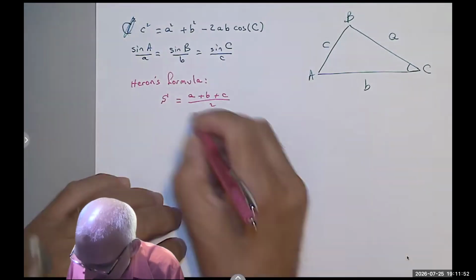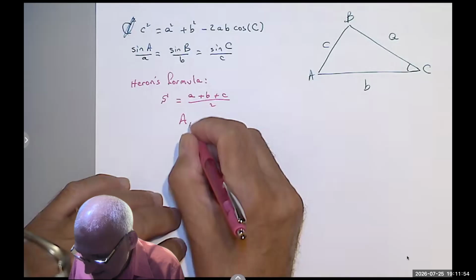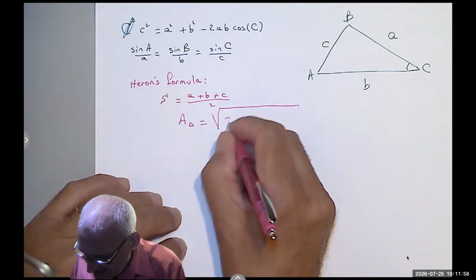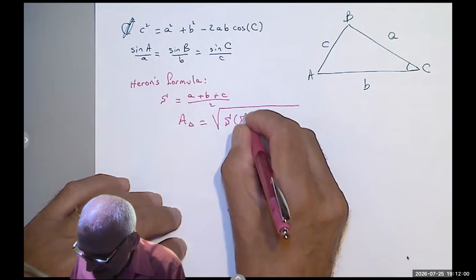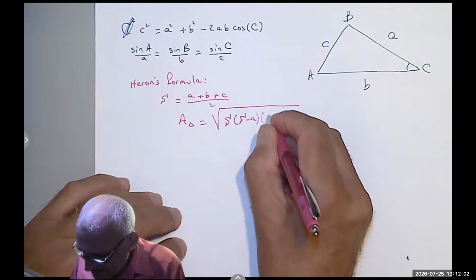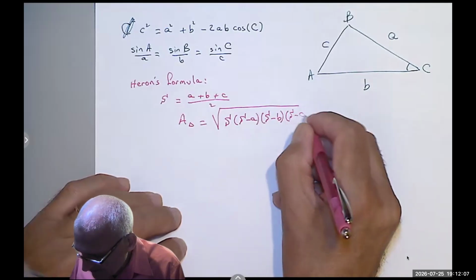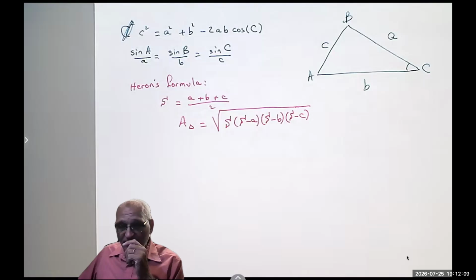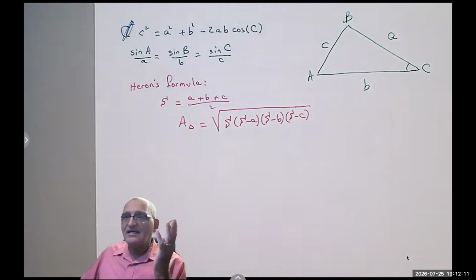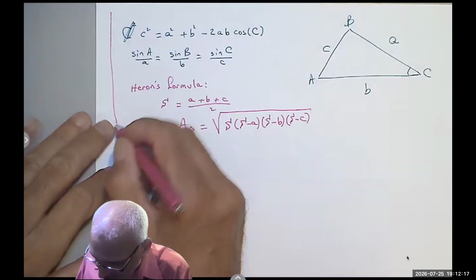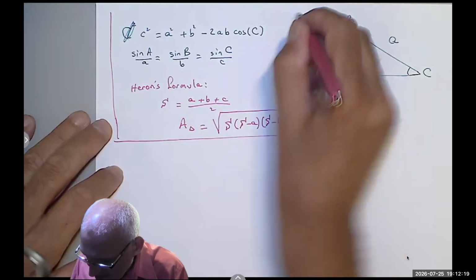And then you say the area of the triangle equals the square root of S times S minus A times S minus B times S minus C. So now I can find the area of a triangle without knowing any angle in it. And between these three things, I bet you we can find anything in a triangle.